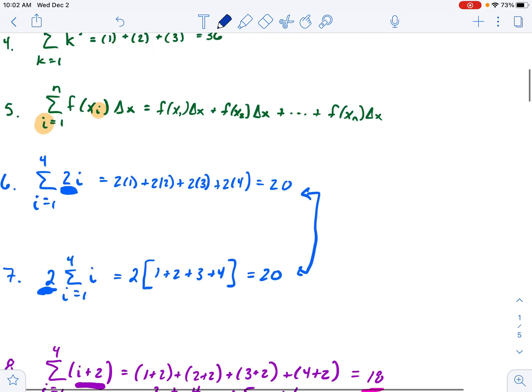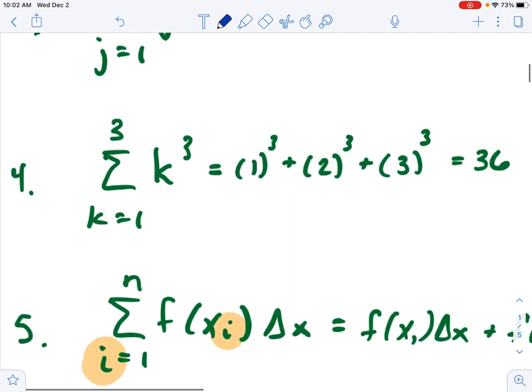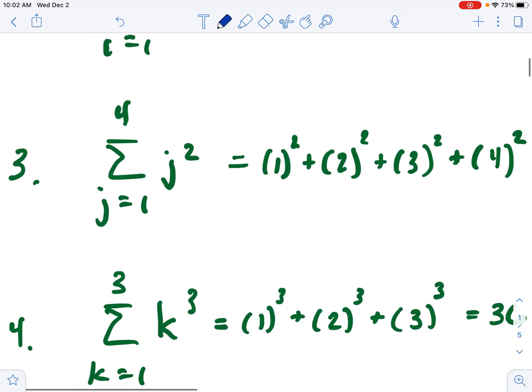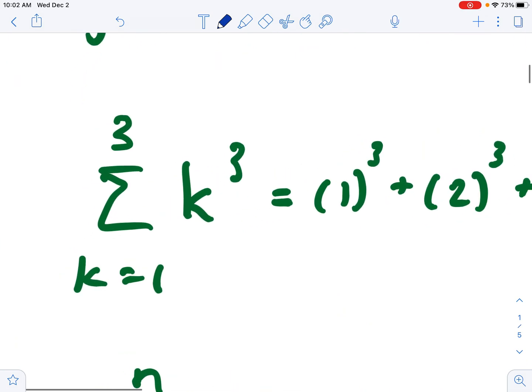A couple theorems here. Now look, grinding these out really wasn't any big deal because I have small numbers of values, k going from 1 to 3, j going from 1 to 4. But what if I did the summation as k goes not from 1 to 3, but say 1 to 30? We're not going to want to write 1 cubed plus 2 cubed plus 3 cubed all the way up to 30 cubed.